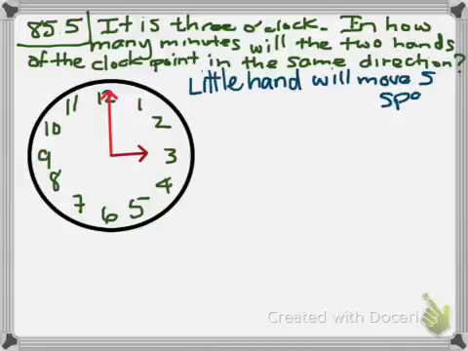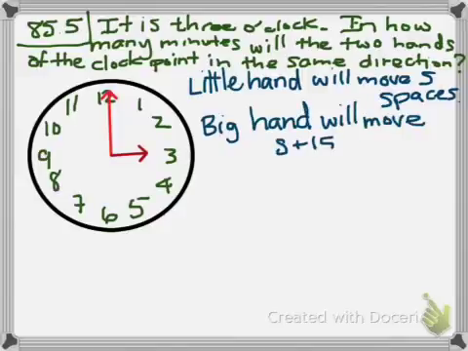So the little hand is going to move S spaces, and the big hand is going to be exactly 15 spaces away, because they start off 15 apart and then they end up together. So however much the little hand moves plus 15 is going to give us how much the big hand is going to have to move.